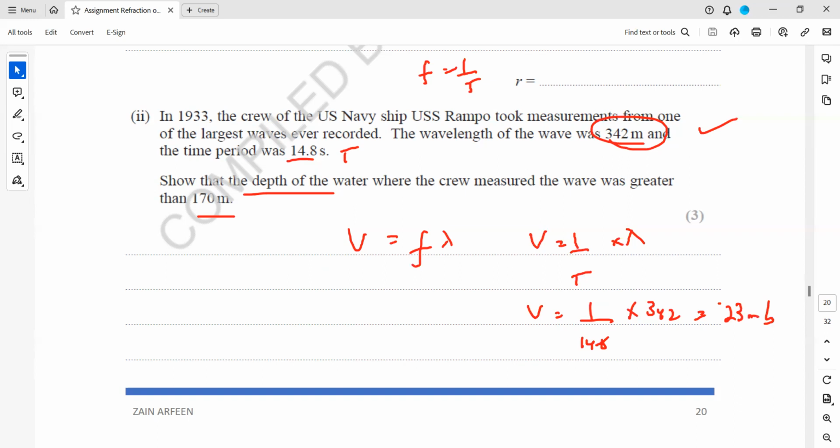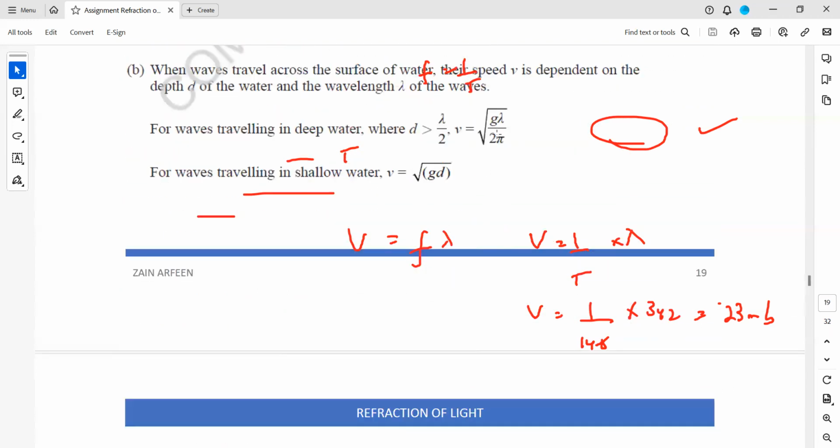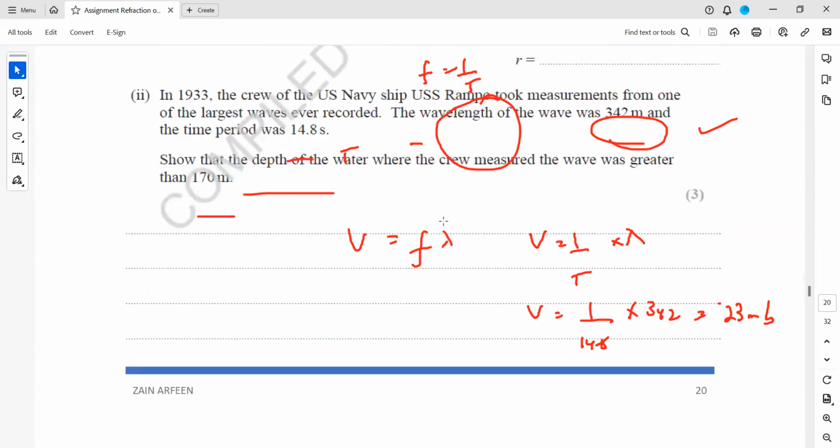Now, how to work out the speed using the given formula? If you see, this is given in the beginning. You don't have to memorize this formula. So the speed of a wave in deep water is given by this, where D is the depth and it should be greater than half of the wavelength. So we'll use this formula, as it is given in the question.